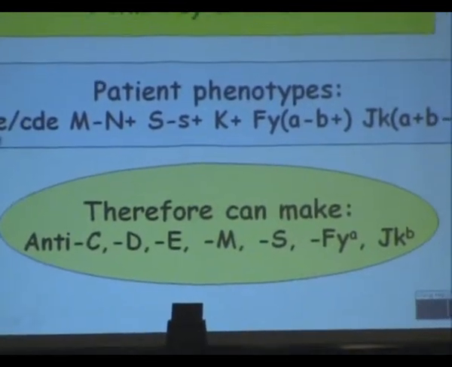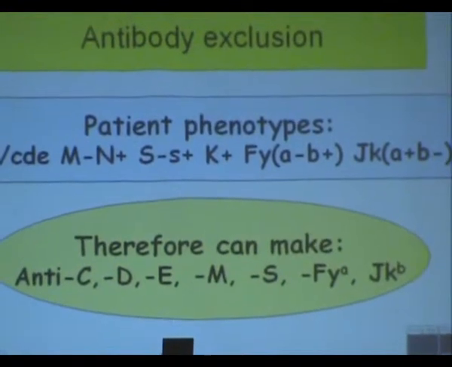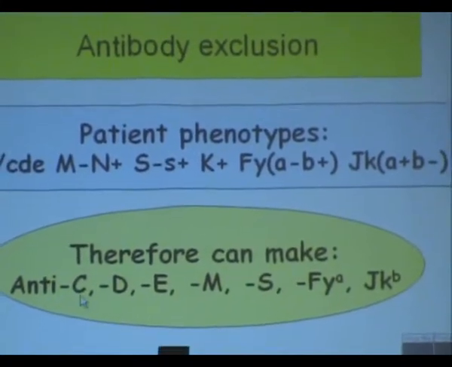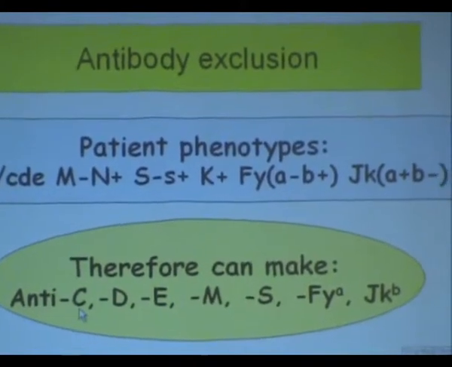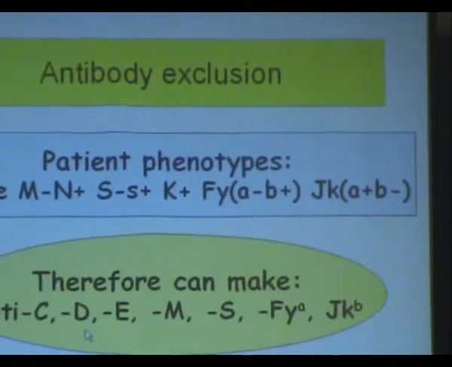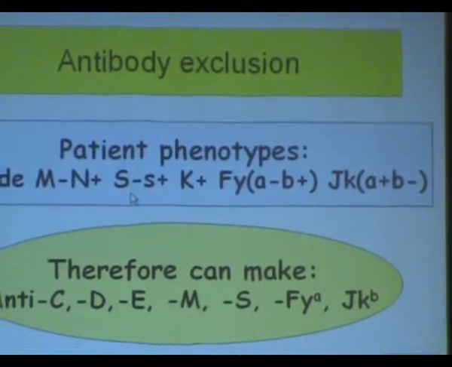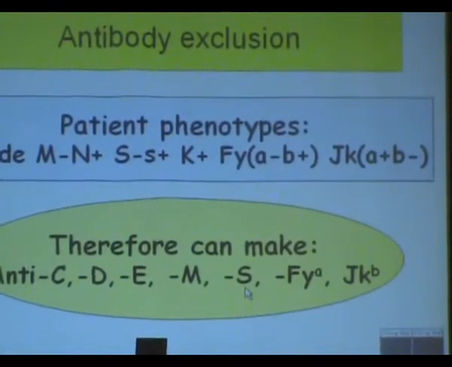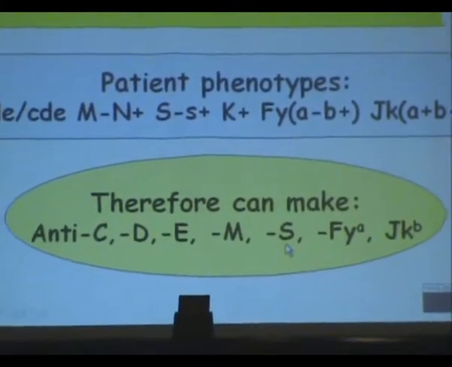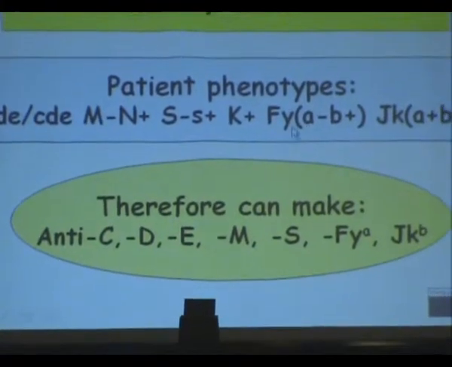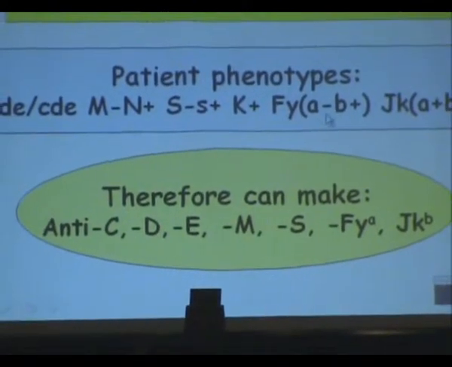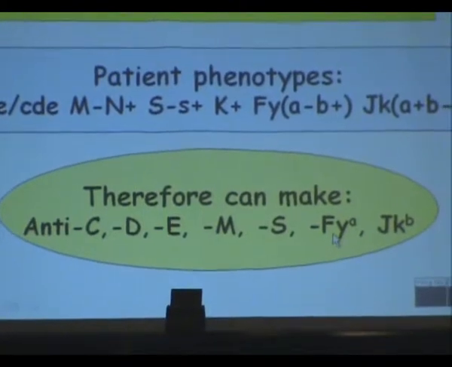This patient happens to be little r, so we know that there's a possibility at least of making anti-C, anti-D, or anti-E. We can see that the patient is S negative, therefore the patient can make anti-S. The patient is negative for Fya, so the patient can make anti-Fya.